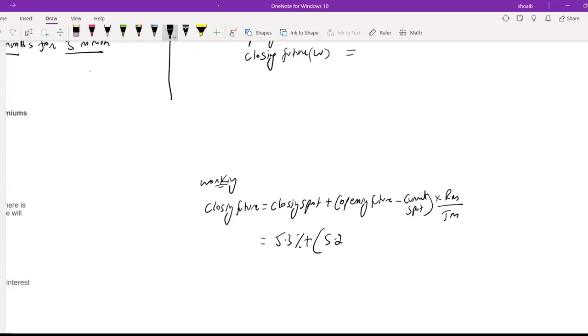Okay, opening future 5.22 minus current spot is 4.2%. Remaining months are 2, total months are 6. So please calculate the closing spot. 5.22. Okay, this is 5.64.